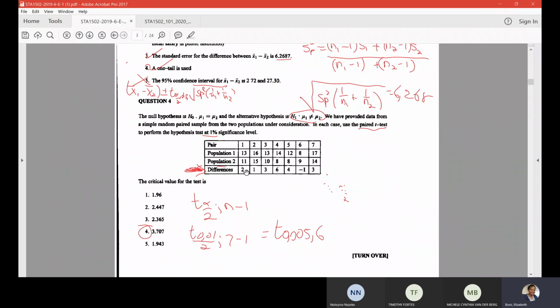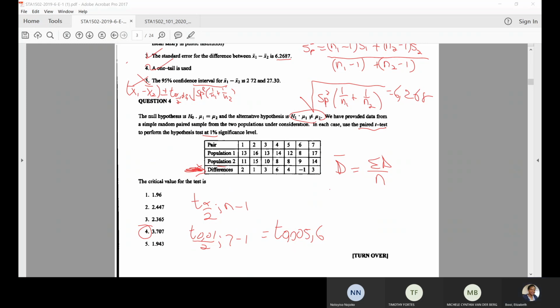We just need the sum of all these values and to calculate the mean, which is the sum of the differences divided by how many there are. Once you have calculated the mean, we need to calculate the confidence interval.